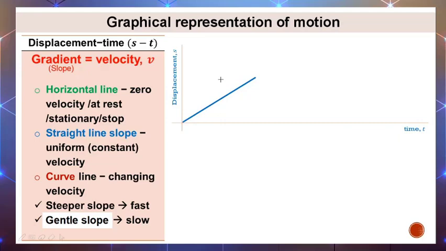The straight line slope indicates the velocity is constant. The steeper straight line slope means the velocity is larger than this one.